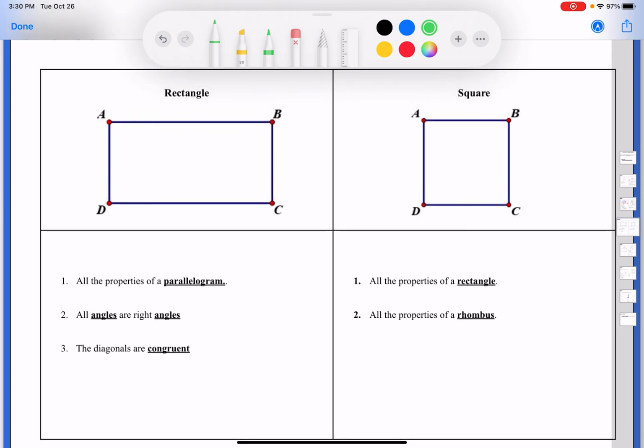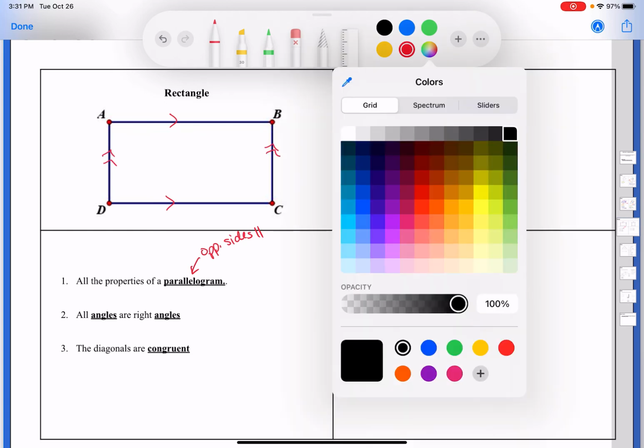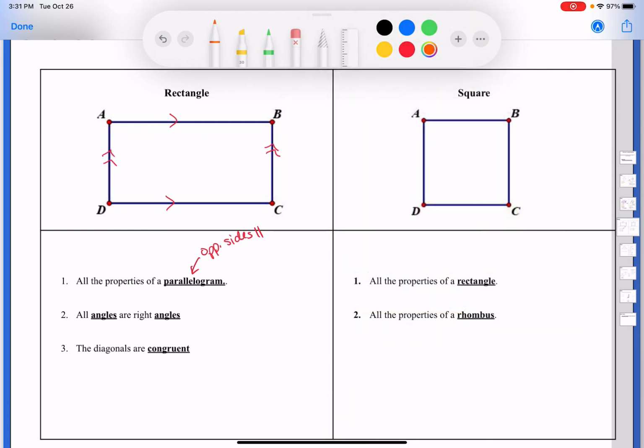So again, all the properties of a parallelogram from yesterday, we said that a rectangle is a parallelogram that has all right angles. So a parallelogram would mean opposite sides parallel, it means opposite sides are congruent, right?